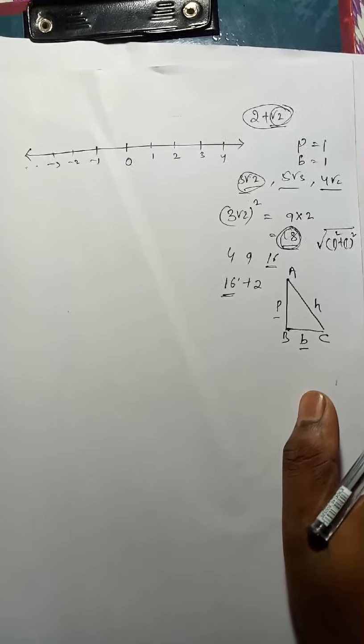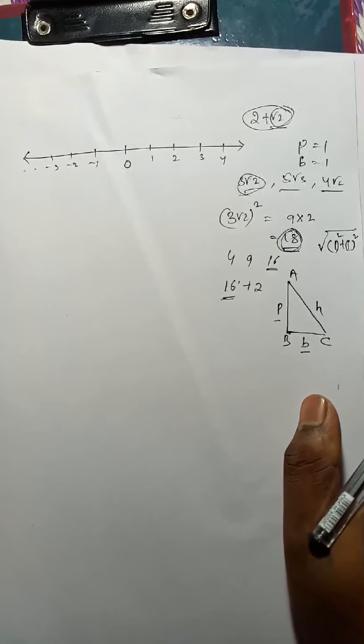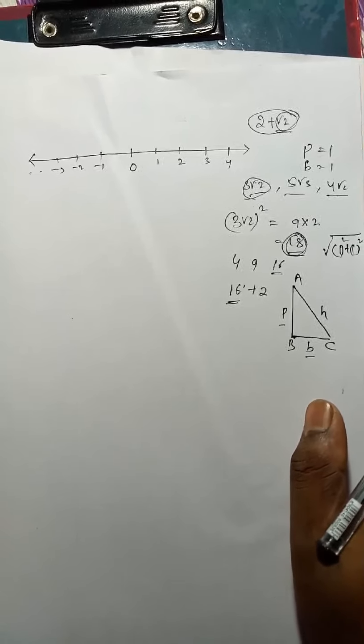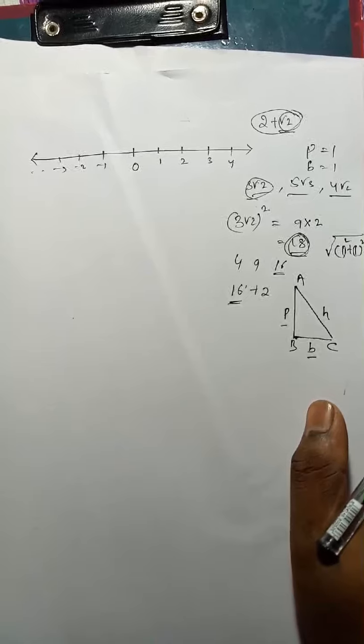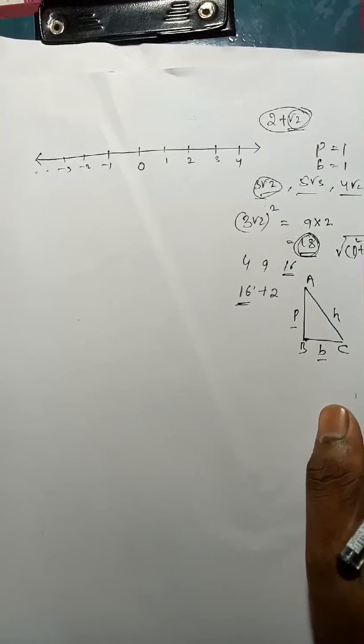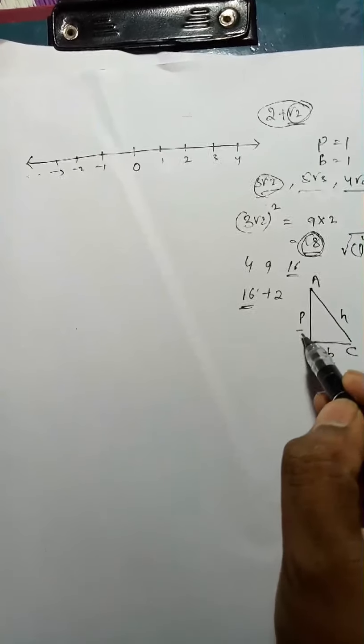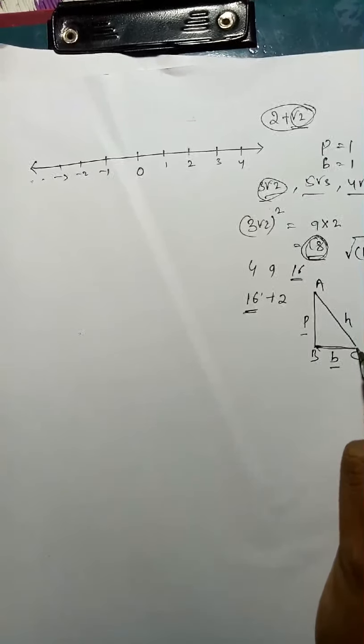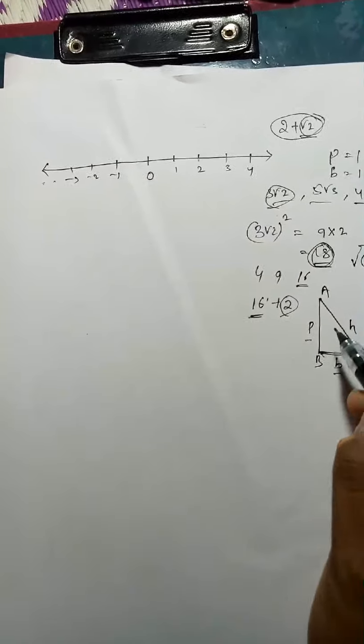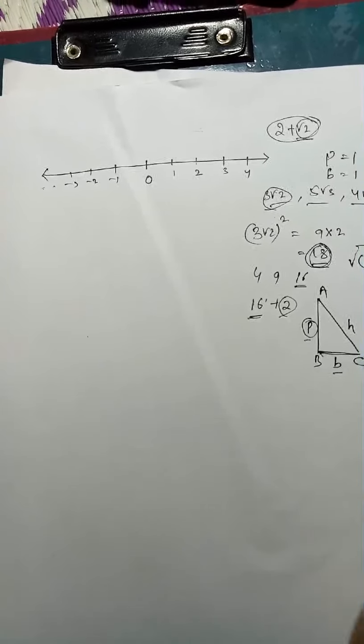We have to take a square number, and the other may be a square number or it may not be a square number. First we have to take the square number as your base, and the other, which is not a square number, as your perpendicular.